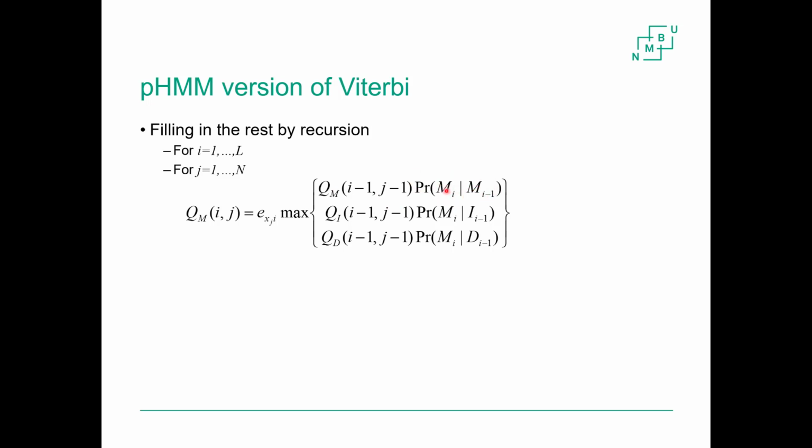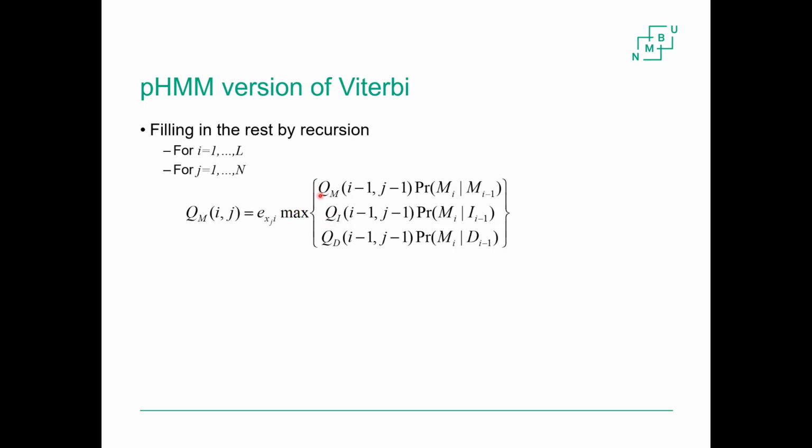Visiting mi, given that you were in mi-1, that's usually quite a big probability here. Visiting mi, given that you previously were in an insert state, that's also usually quite a big probability. And also visiting mi, given that you are in a delete state. So all these three are actually quite large probabilities, so it depends on these ones really what becomes the maximum.